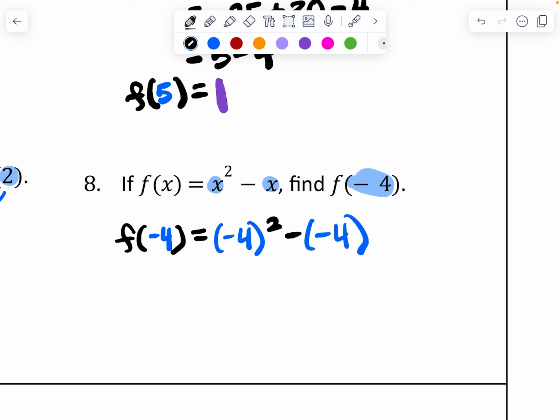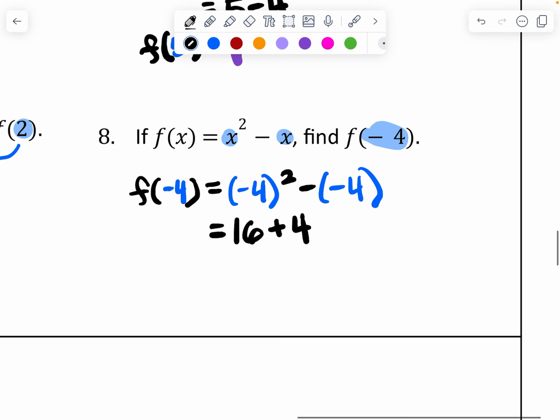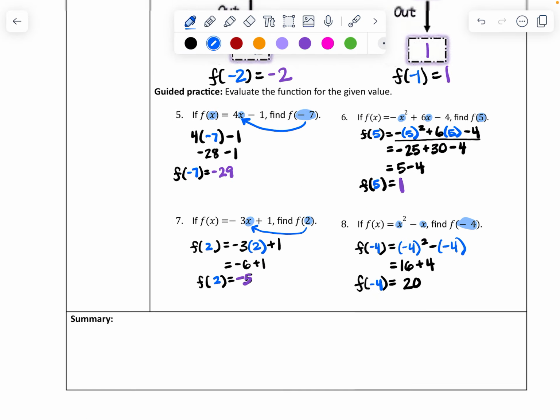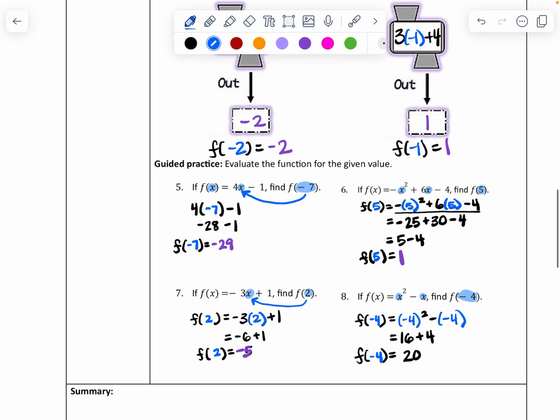Put that into your calculator, or let's use order of operations. -4 squared is 16. Minus -4 would give you +4, which is 20. So f of negative 4 equals 20. So all we are doing is finding the input, putting it into the equation, and solving for the output.